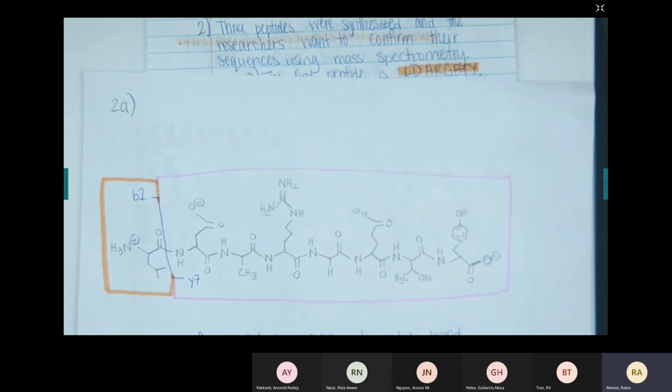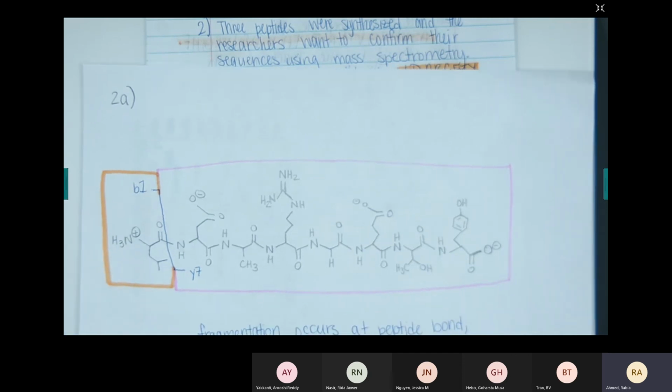Okay, so what we do is we cleave. You have to find the peptide cleavage and draw this little mark where the first peptide bond is, ideally where the first carboxyl and amino group meet. So I drew it here. The B1 ions extend from the amino terminus, and the Y7 ions extend from the carboxyl terminus.